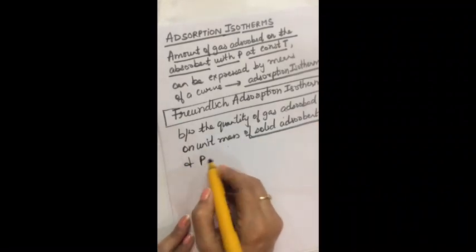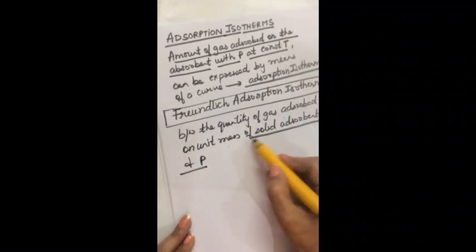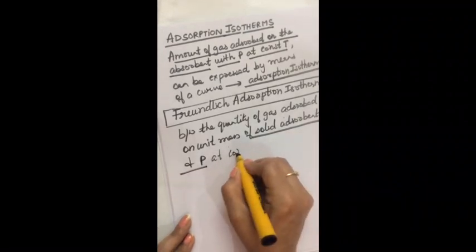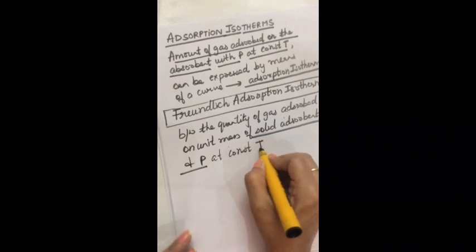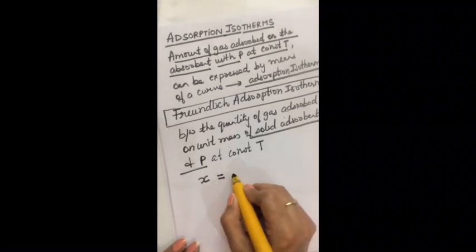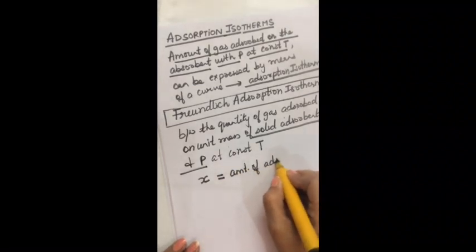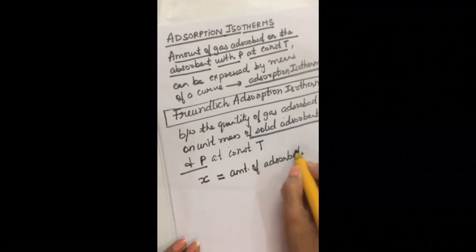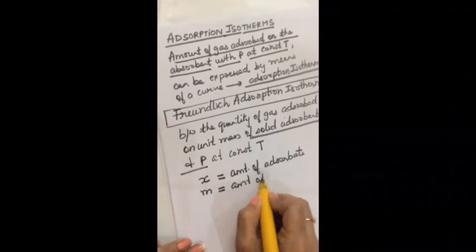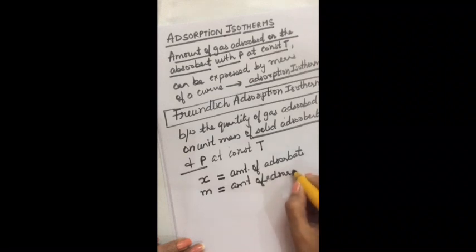The relationship is between the pressure and the amount of gas adsorbed on unit mass of solid adsorbent at constant temperature. Now for this relationship, let's say x is the amount of adsorbate we are taking, and m is the amount of adsorbent.